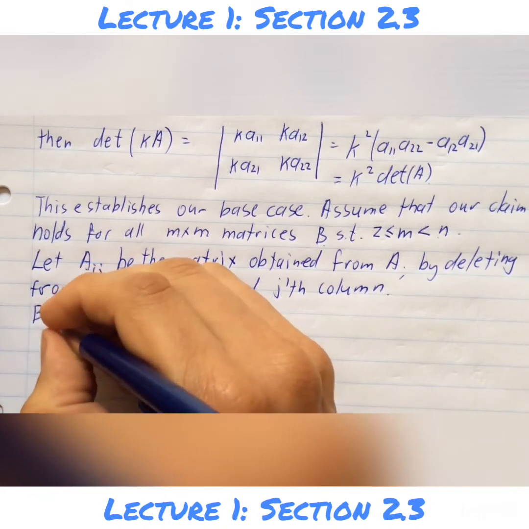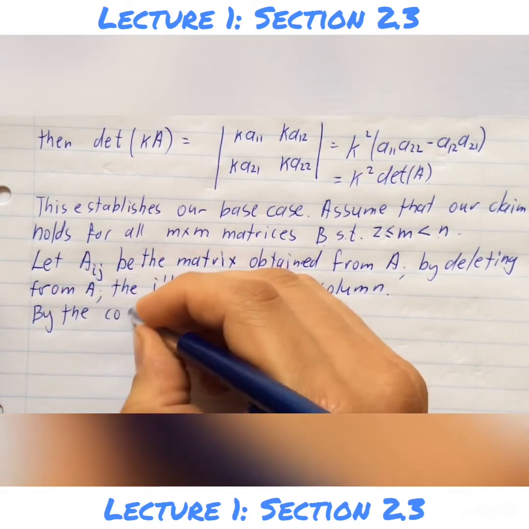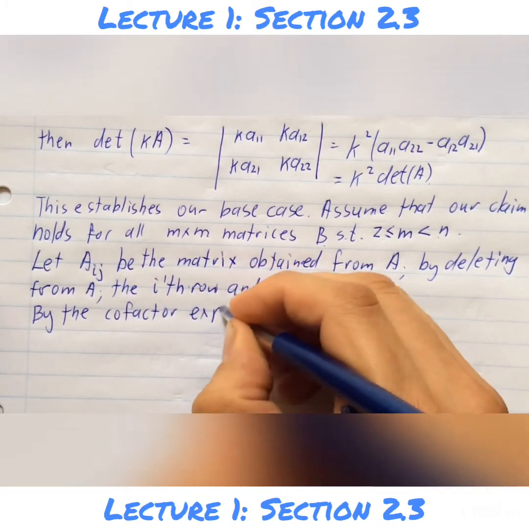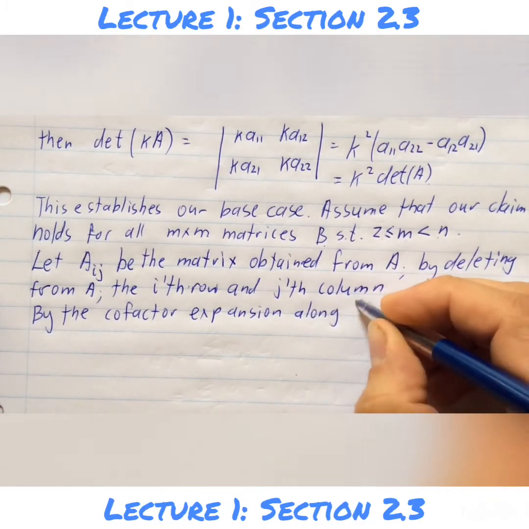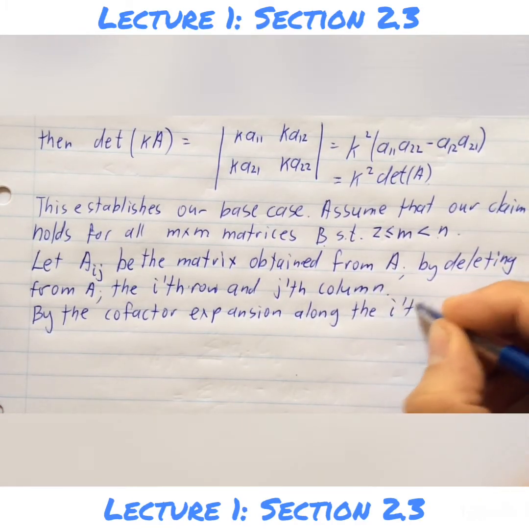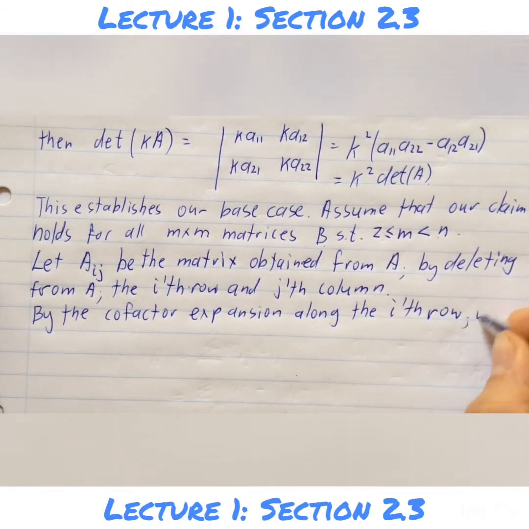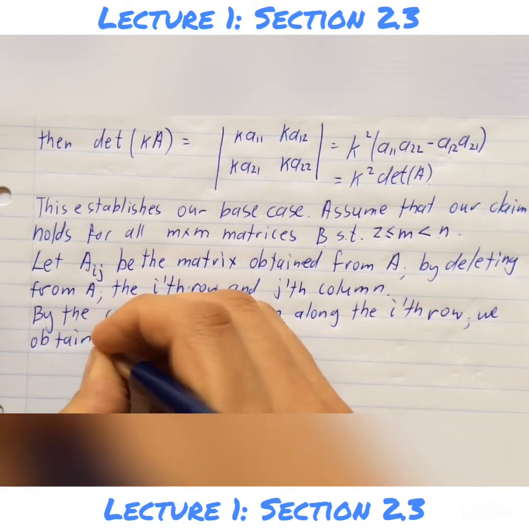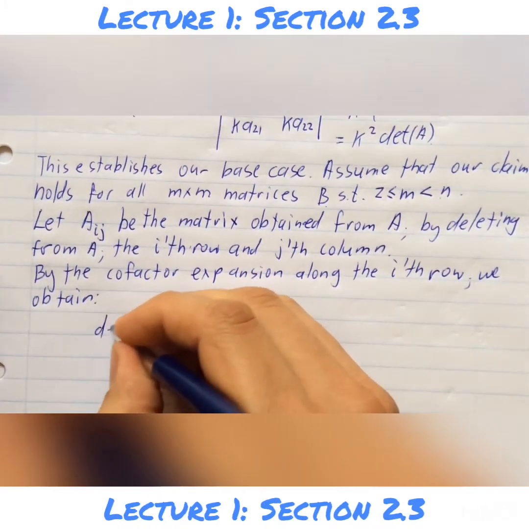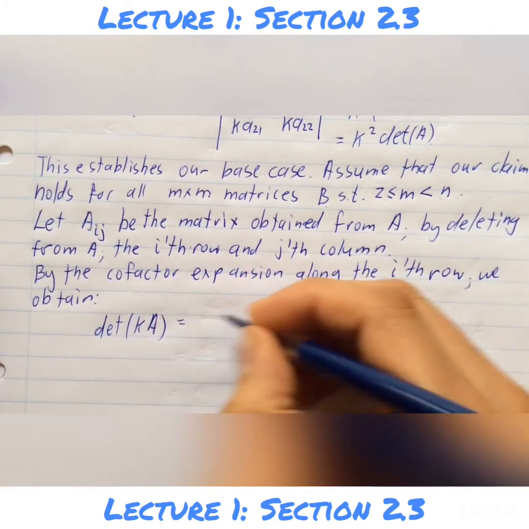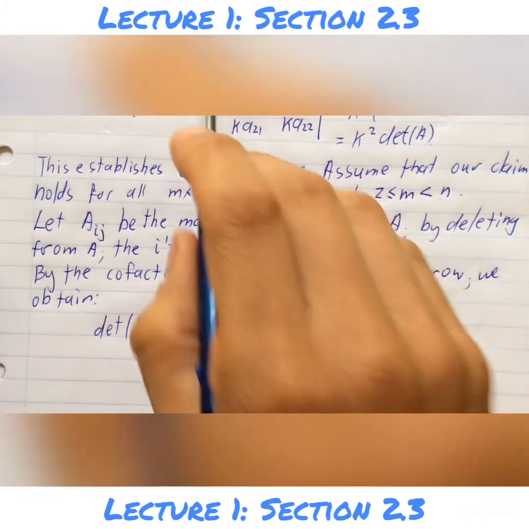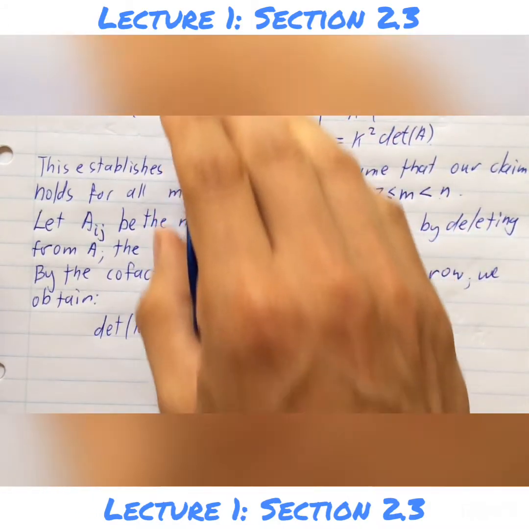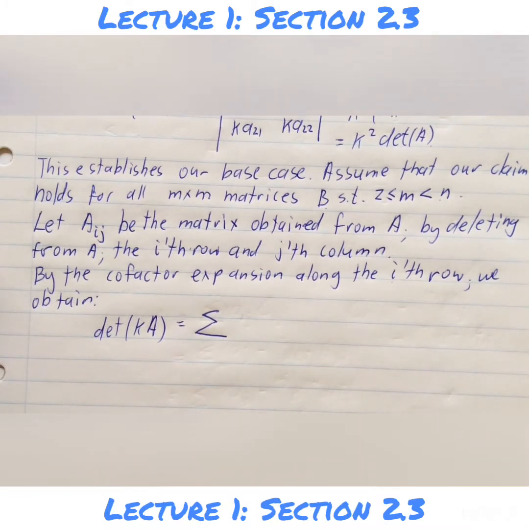So by the cofactor expansion along the ith row, we obtain the determinant of the scalar multiple of the matrix A. In the cofactor expansion along the ith row, you keep the index i constant and sum over the indices j, which indicate the columns.